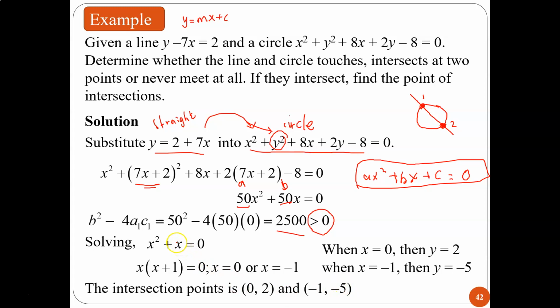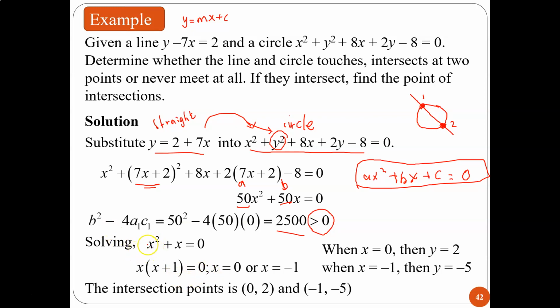So, solving this one, x squared plus x equal to 0. You're going to substitute x equal x times x plus 1. X times x plus 1 equal to 0.